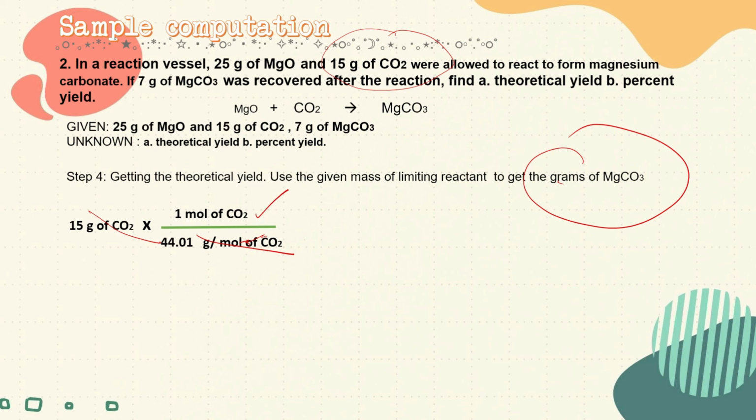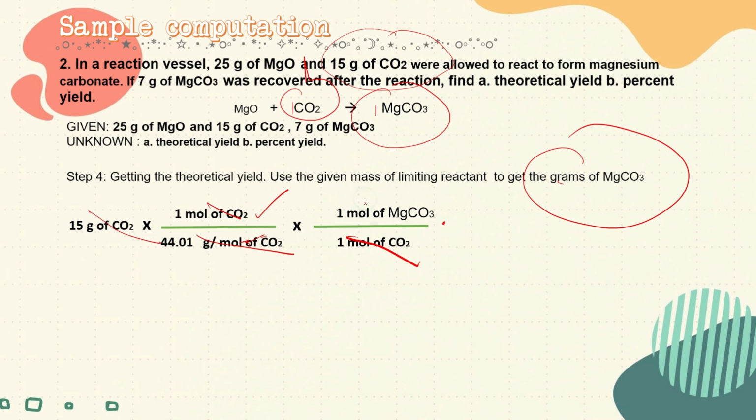Sunod naman nating conversion is, kailangan nating makuha yung mole ng magnesium carbonate, para makuha natin yung grams ng magnesium carbonate. So, in 1 mole of carbon dioxide, meron daw tayong 1 mole of magnesium carbonate. Invisible one yan. Cancel out natin yung mole. Matitira yung mole ng magnesium carbonate.